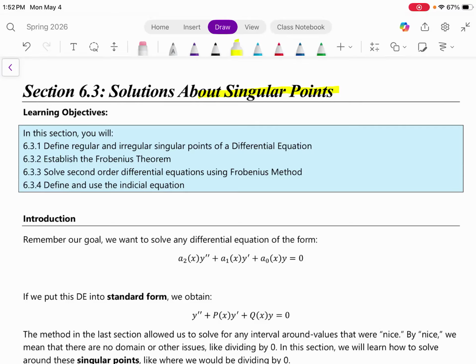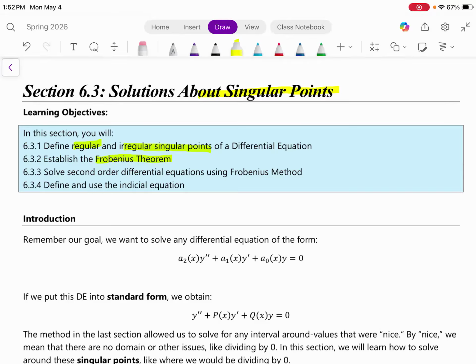We have a couple learning objectives. We want to be able to define regular and irregular singular points. So we're going to be using singular points and we're going to branch out what's a regular and irregular singular point, what's good to use, what's not good to use. We're going to establish the Frobenius theorem, which allows us to solve these differential equations with power series solutions about singular points.